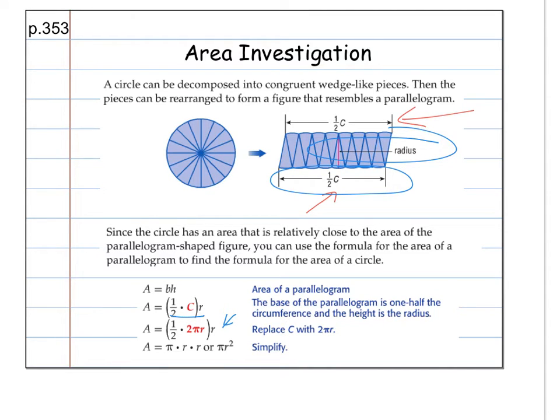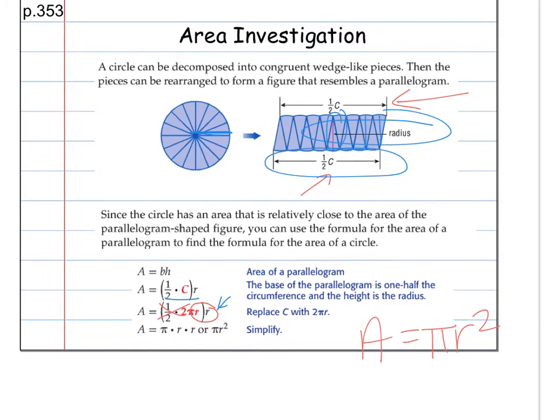So we're still multiplying it by, that's kind of like the height right here, because it's from a wedge to the center. So any one length of these pieces, the height, is kind of like the radius. Then we plugged in the circumference formula, and what we noticed was half of 2 is 1, so that kind of went away. Pi, and then r times r is r squared. So our formula for area turns out to be pi r squared.